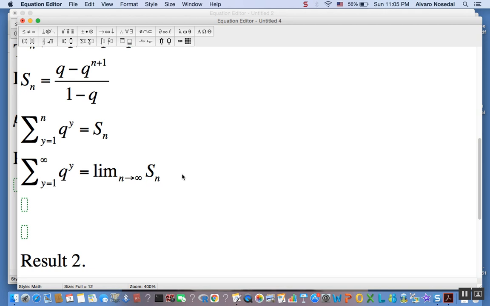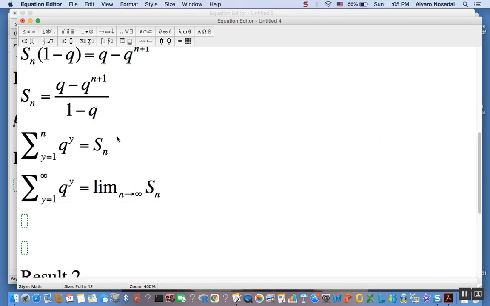So it's the limit of that finite sum when n goes to infinity. This is just shorthand notation for this. So now what we want to do is find the limit of Sn, because that is what we want.